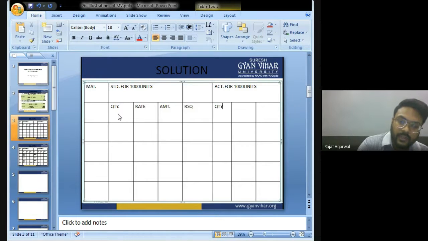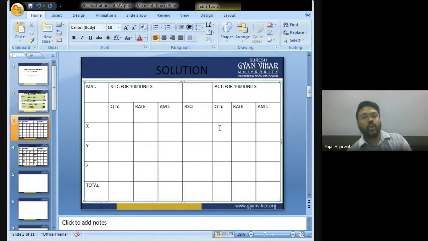Then quantity, rate, amount. Then material X, material Y, material Z, total.